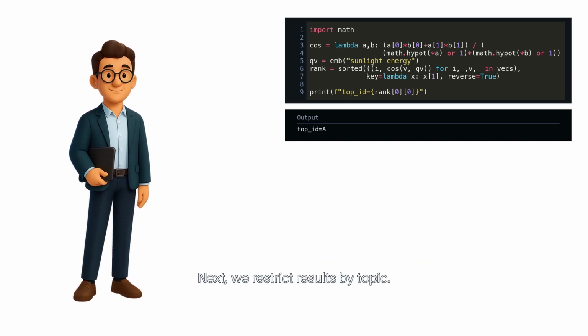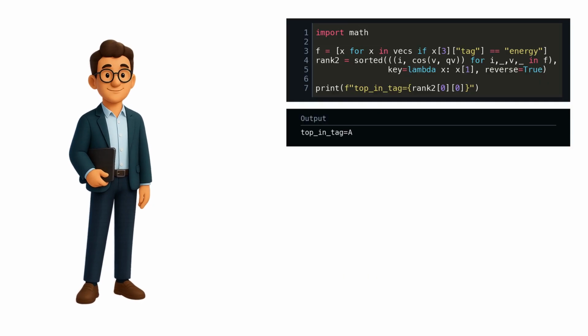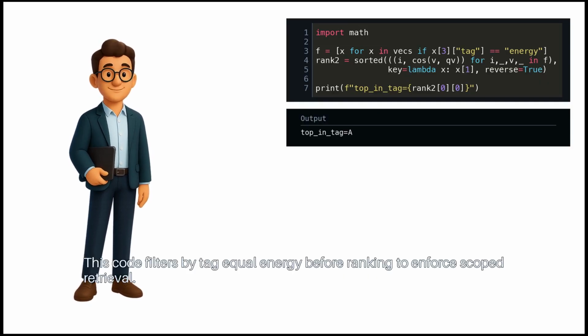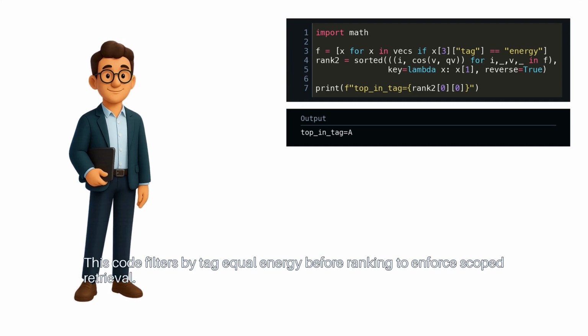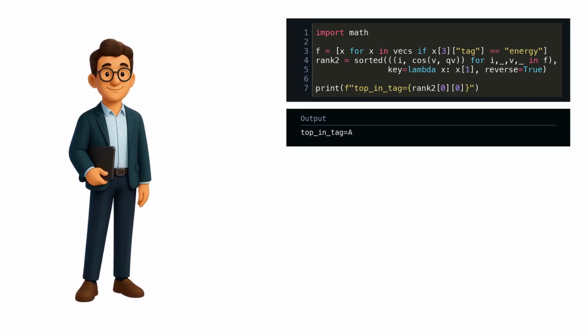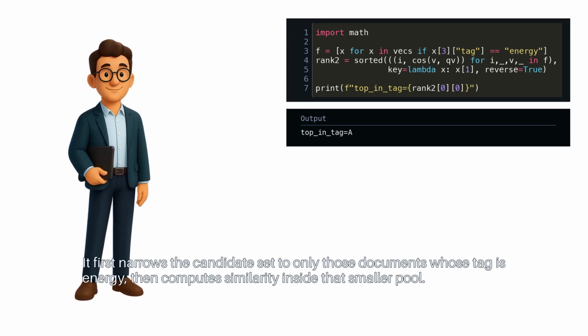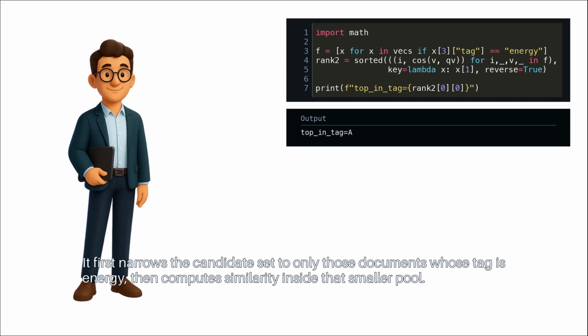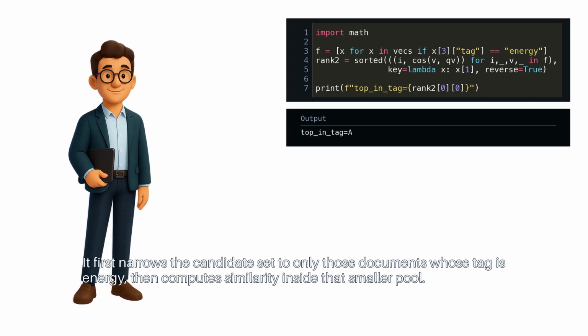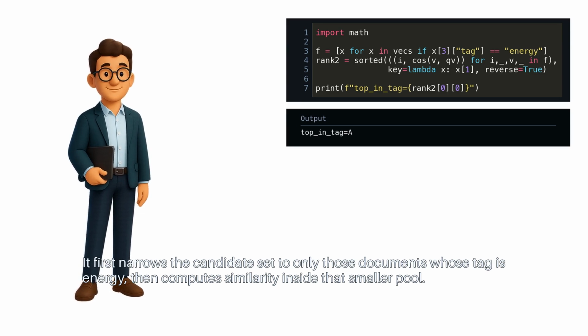Next, we restrict results by topic. This code filters by tag equal energy before ranking to enforce scoped retrieval. It first narrows the candidate set to only those documents whose tag is energy, then computes similarity inside that smaller pool.